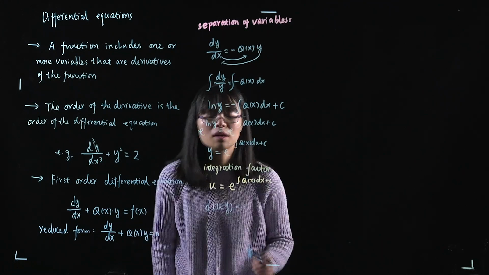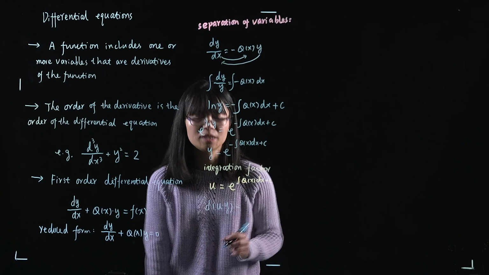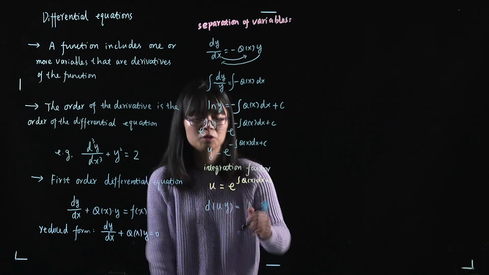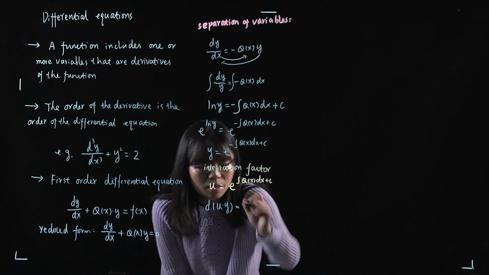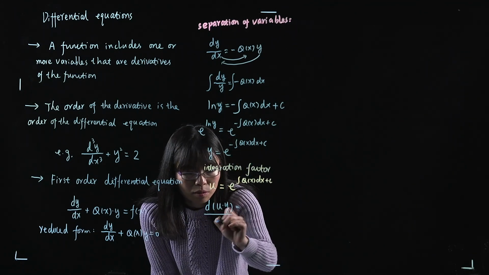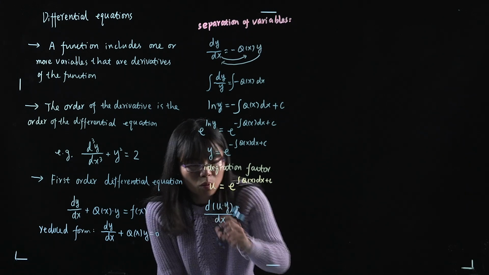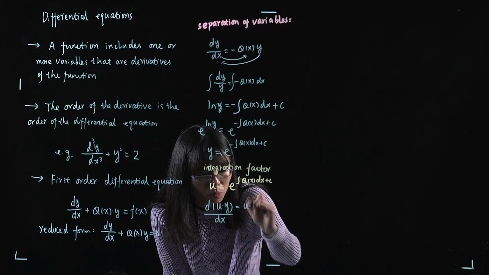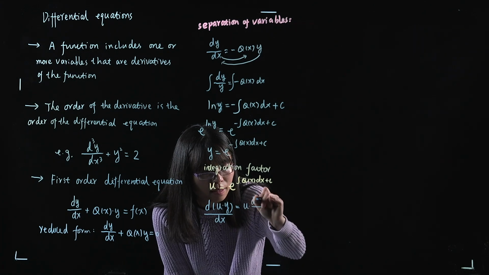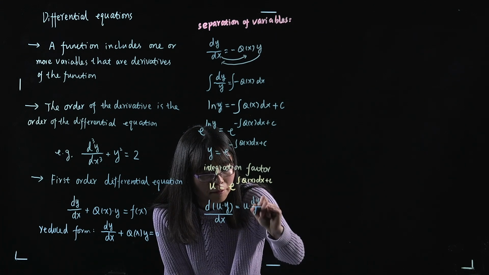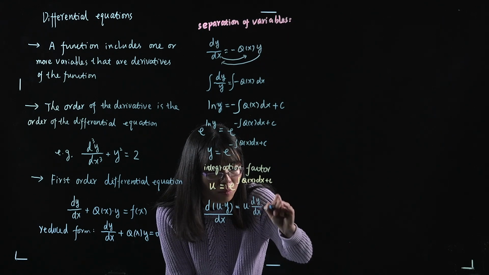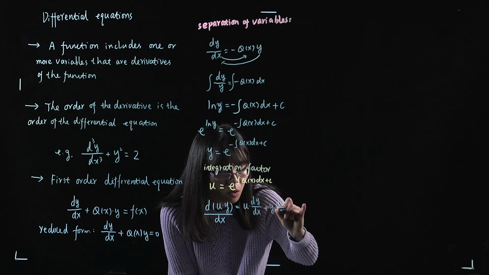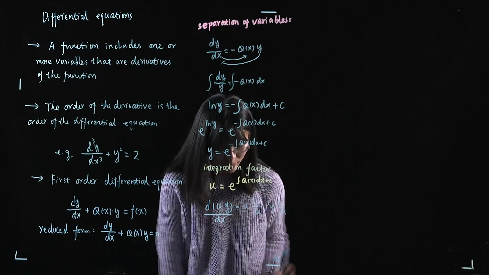Using the rule for the total differentiation of the product of two variables, d(uy)/dx equals: first, I keep u the same and take the derivative of y versus x, then I keep y the same and take the derivative of u over dx.